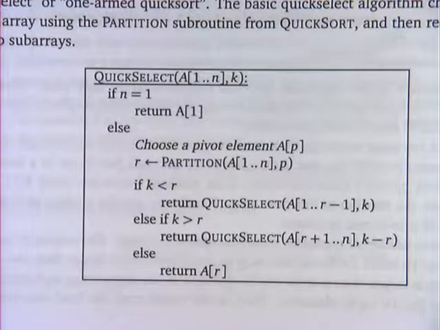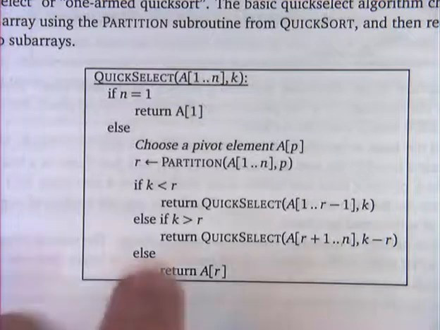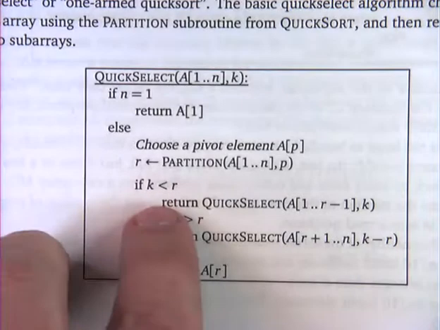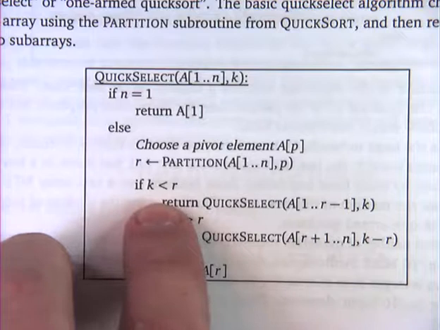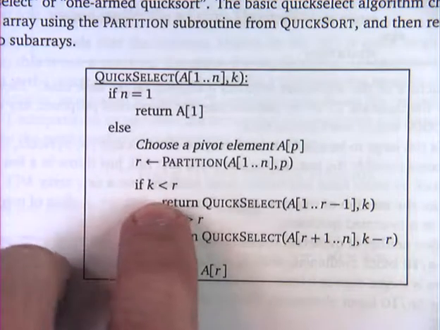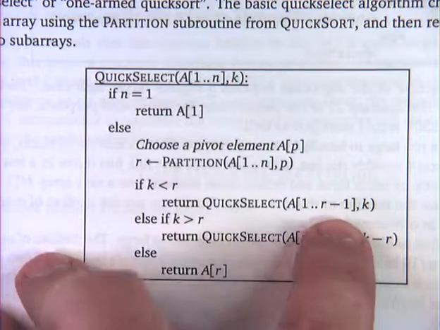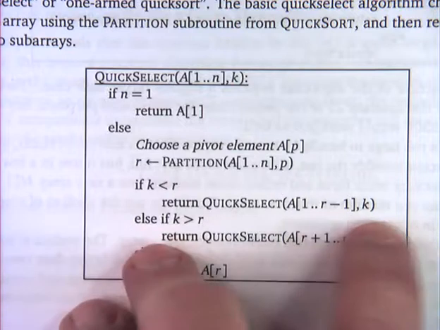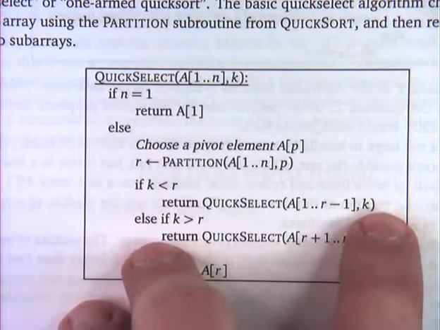And now there are 3 possible outcomes. Either the element that I'm looking for is smaller than the pivot, so it's on the left, and then I recurse on the left for the same rank, the same position, k.